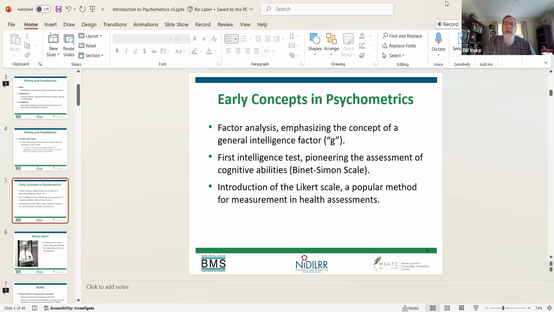The really early concepts in the early 20th century centered around factor analysis and the development of intelligence tests and such. The idea here was really the beginning of latent traits. Everything that I'm going to be covering today has something to do with a latent trait. A latent trait is a trait you can't measure directly. For example, anxiety.